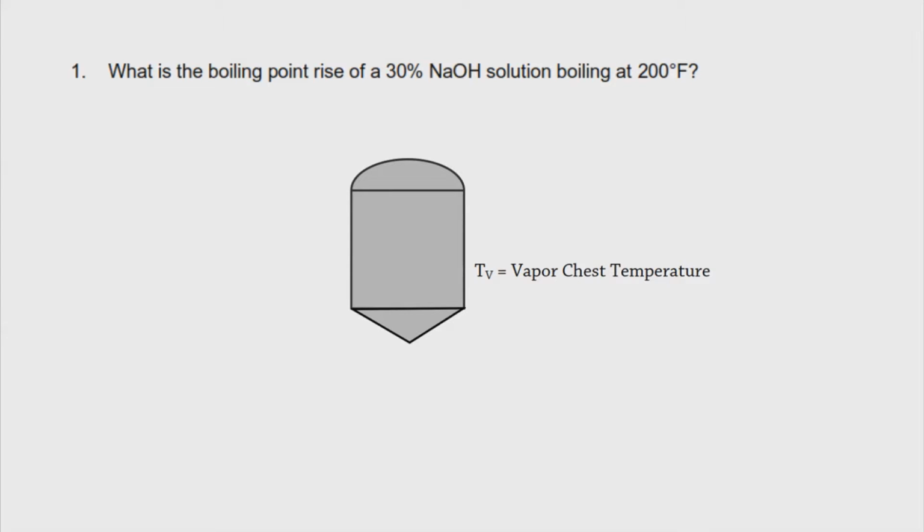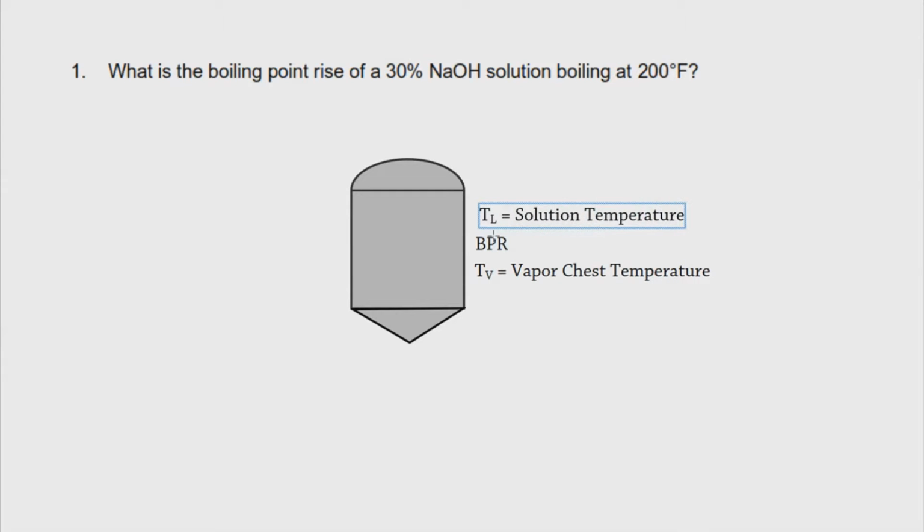Now the next one, which is higher, would be the boiling point rise. This boiling point rise is dependent on the compound itself and the concentration. As the concentration increases, the boiling point rise increases. If you add the temperature of the vapor chest and the boiling point rise, you will get the final solution temperature.